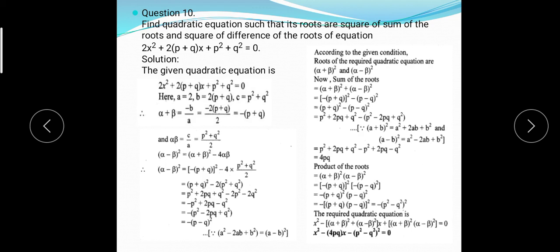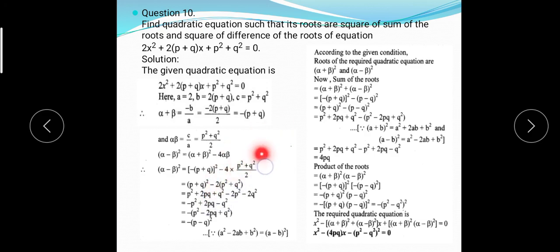Listen students, just go through the steps. Only the value is in the form of variables. Now after calculating this, how to calculate? You know that (p plus q) whole square is p square plus 2pq plus q square, minus this 2 and 4, this 2 into 4.